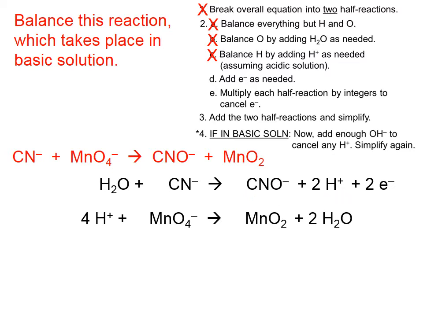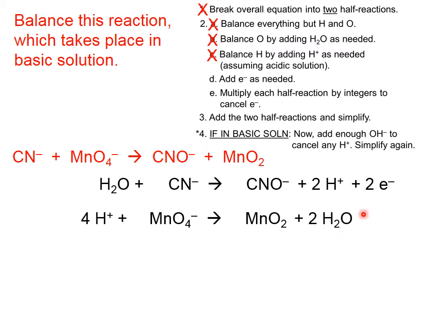Now, as I mentioned in an earlier lesson, if we put electrons on, say, the product side for one of the half reactions, we are expecting to put electrons on the reactant side for the other one. If we find ourselves putting electrons on the same side for both half reactions, we're doing it wrong. Let's make sure what we have here.